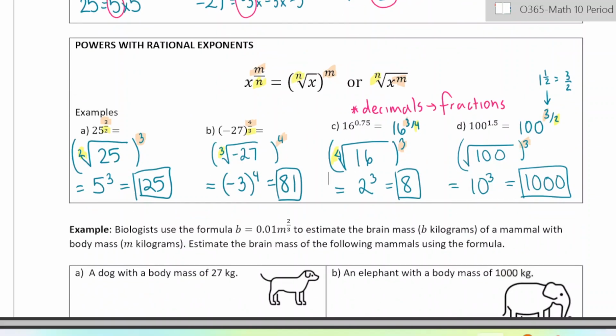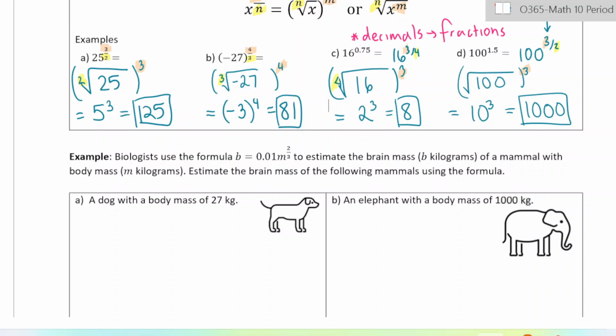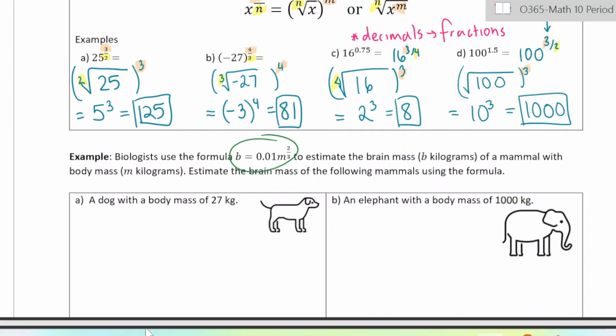Let's have a look. So it says biologists use the formula B equals 0.01 times m to the power of 2/3. So here's our little formula we'll be using to estimate the brain mass in kilograms of a mammal with body mass m kilograms. Estimate the brain mass of the following mammals using the formula. So first we're going to do a dog.